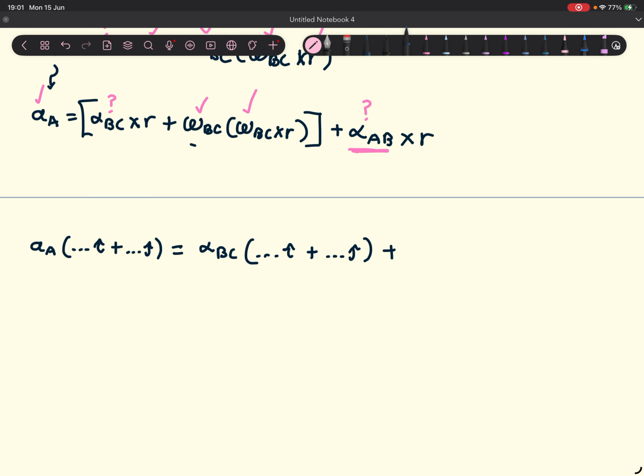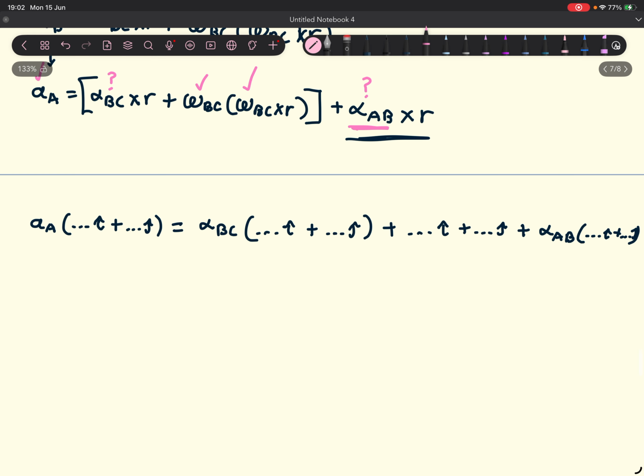And then plus all of this, which will give you an I component and a j component, plus whatever this gives you. So we're going to have alpha AB into an I component and a j component, right? So this we don't know, that we don't know, but we know that. And if you write an equation for the I components and for the j components, you'll get two equations with two unknowns, and you'll be able to solve for alpha AB.